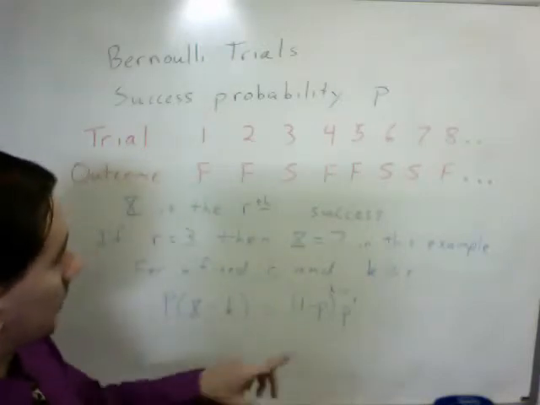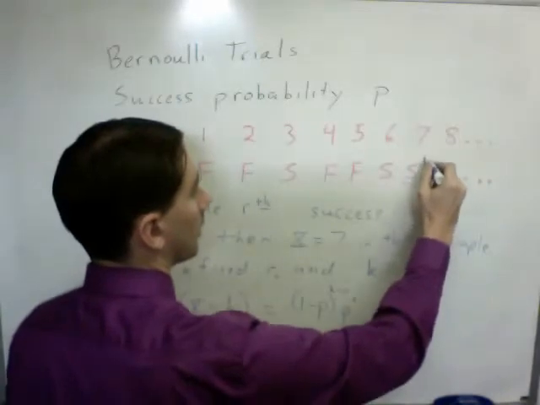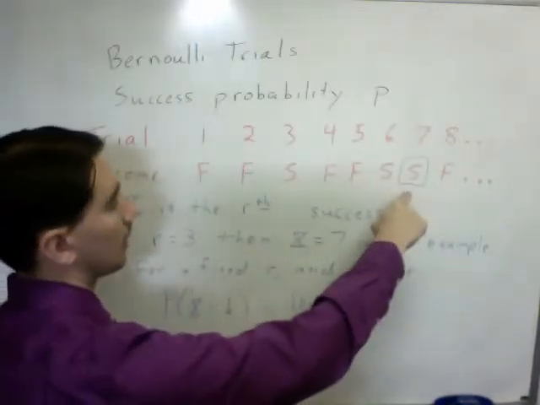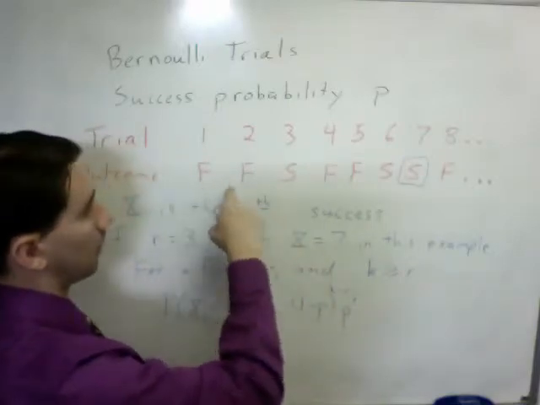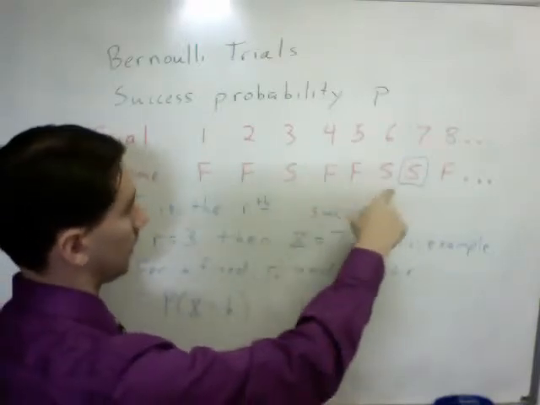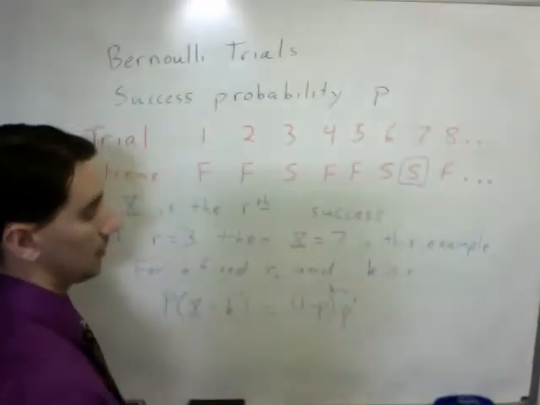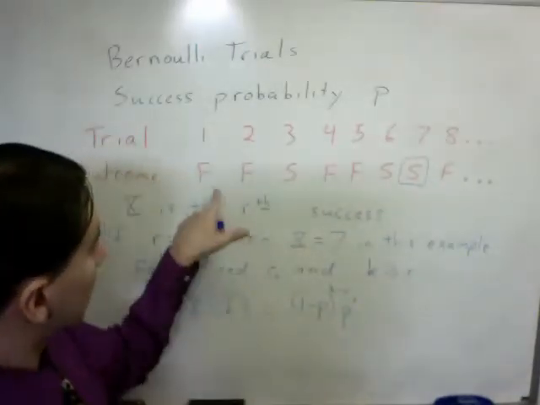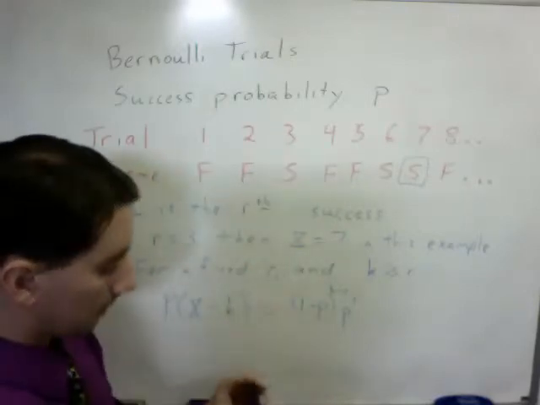So in this example, where we are looking for the third success, we've had 3 successes, so we have p to the 3, and then we have 4 failures, so 7 minus 3, the exponent on 1 minus p. That just counts the number of failures we've had and multiplies by this probability.